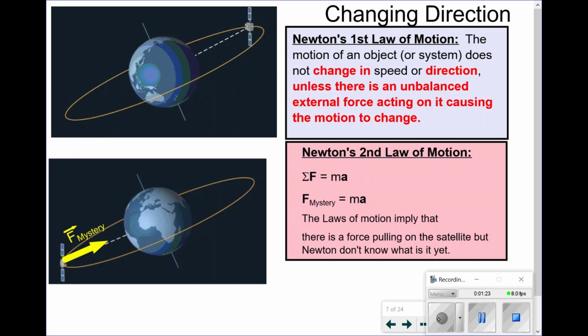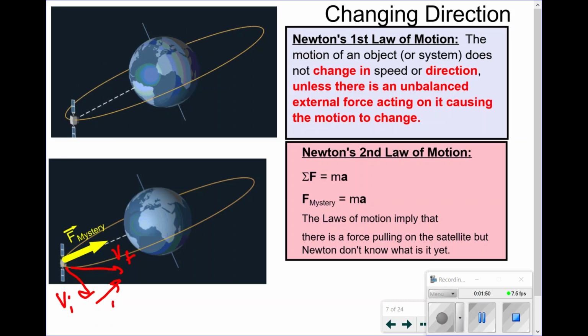And since objects have to change direction to go in a circle, there must be a force pulling that object towards the center of the circle, because the velocity goes in this direction and then goes in this direction. There's a change in this. So this is my v initial, and this is my v final, and this is the change in my velocity.